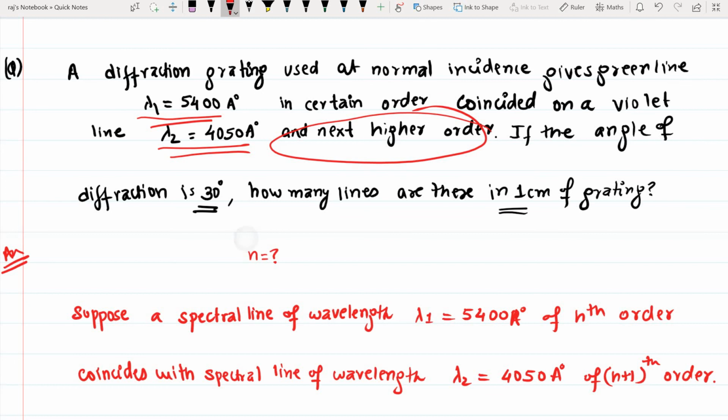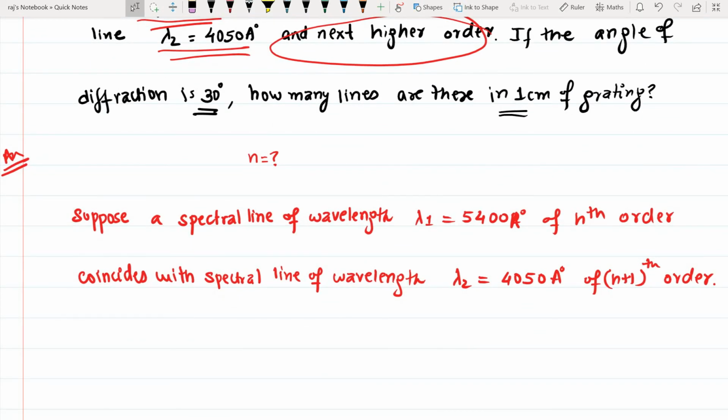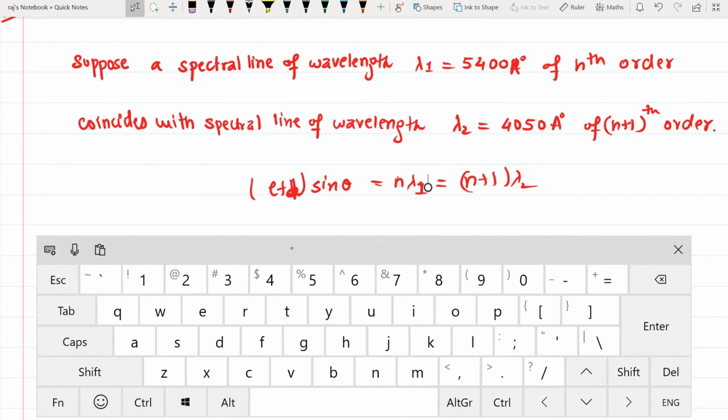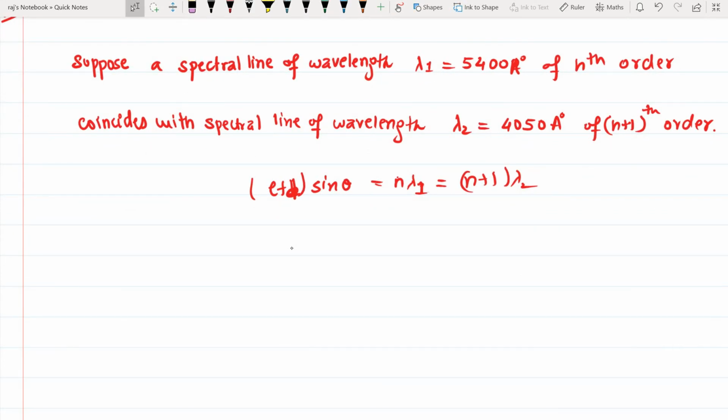We'll use the equation of the diffraction grating, and then we can write E plus D sin theta is equal to n into lambda 1, which is coinciding with n plus 1 into lambda 2. Hence we can write n into lambda 1 is equal to n plus 1 into lambda 2.